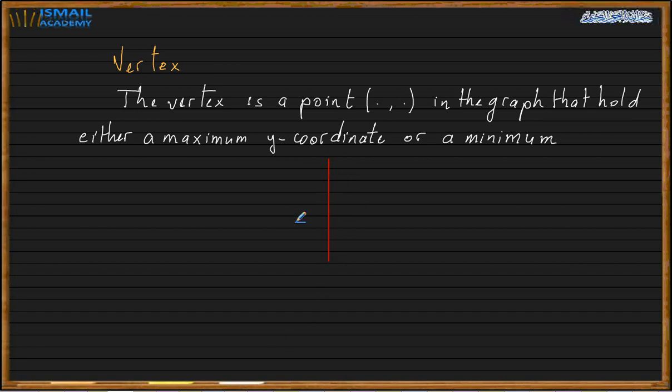I will show you both graphs for the maximum and the minimum. If the graph looks like this, for example, this is my vertex, and it's a minimum. It's the minimum y value here, so all the y values are above that point. Or it can be like this, where it holds a maximum y value. So this is the point, and this is the maximum y value. This is my vertex. So either it's a minimum or a maximum.